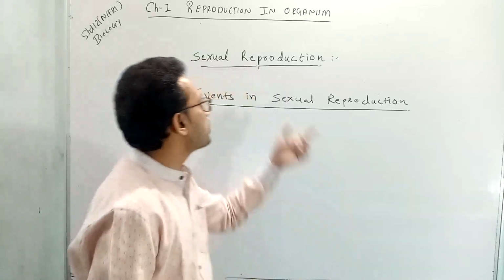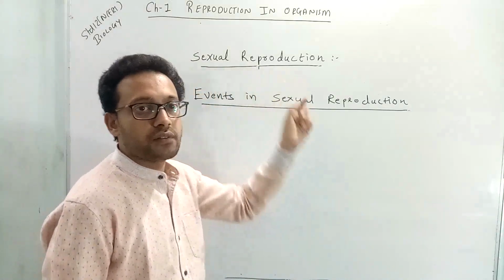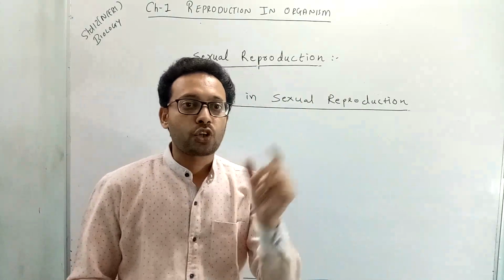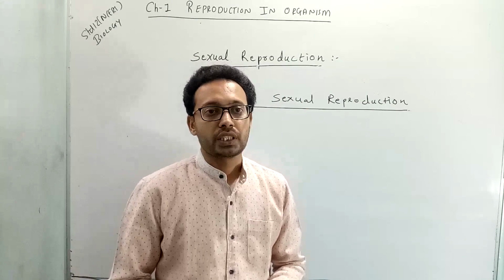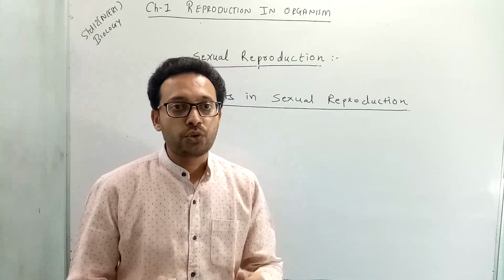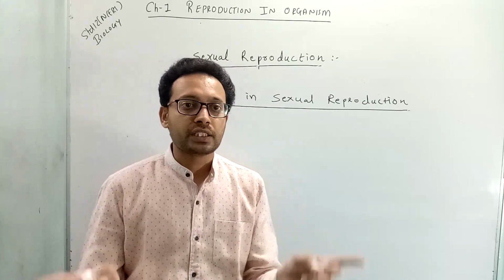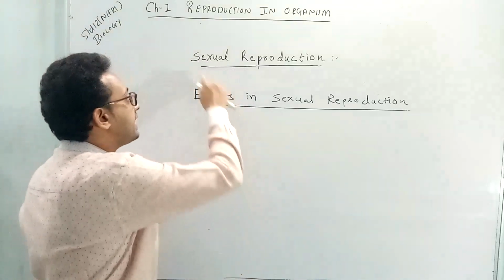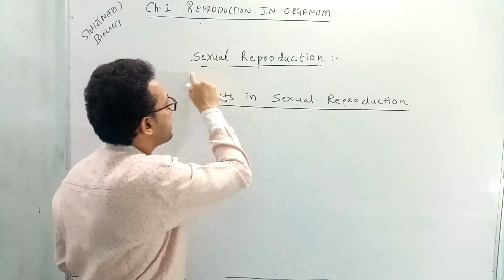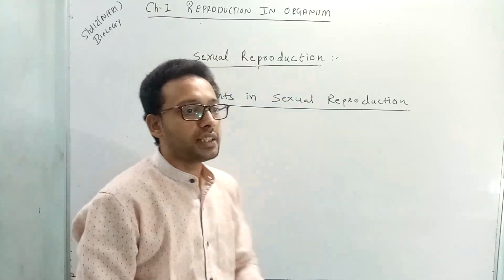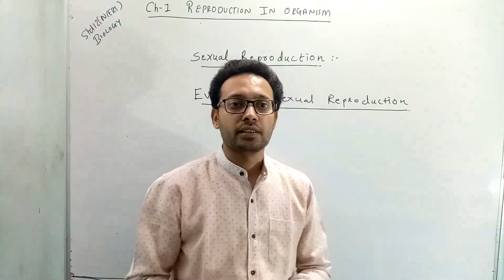Still, when it comes to sexual reproduction, we have common patterns or common events that occur. So ultimately, I want to say that though the sexual organs in different living organisms vary, the basic events that occur in sexual reproduction are more or less similar.